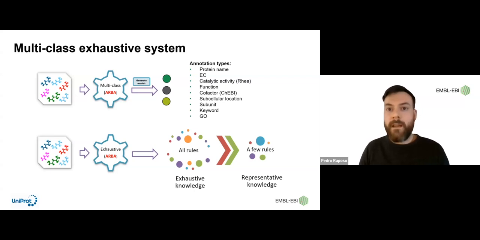These rules are then subsequently filtered down to a set of representative rules so that we don't have redundancy. This means that we are filtering out rules that predict the same set of proteins with the same annotations.